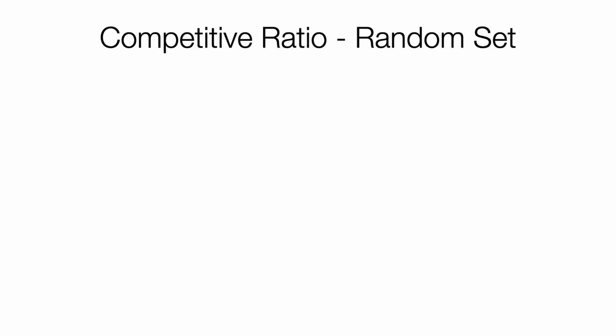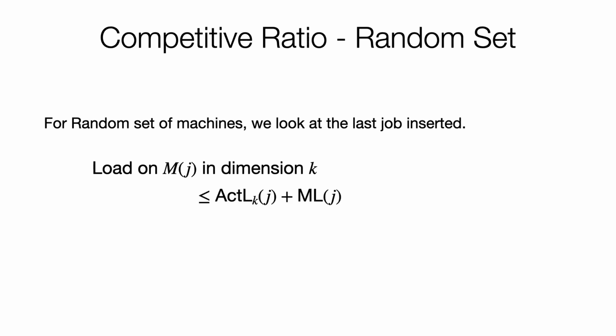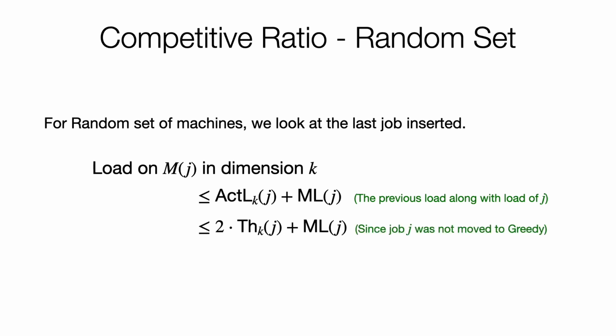Now, for the competitive ratio, in the random set, let's just look at the last job which was inserted. So in dimension k, we know that this load is going to be less than the actual load till job j was inserted, along with the maximum load before job j, and this is going to be less than twice the threshold plus the maximum load because this job j was not moved to greedy, and this is going to be less than the competitive ratio times opt directly.